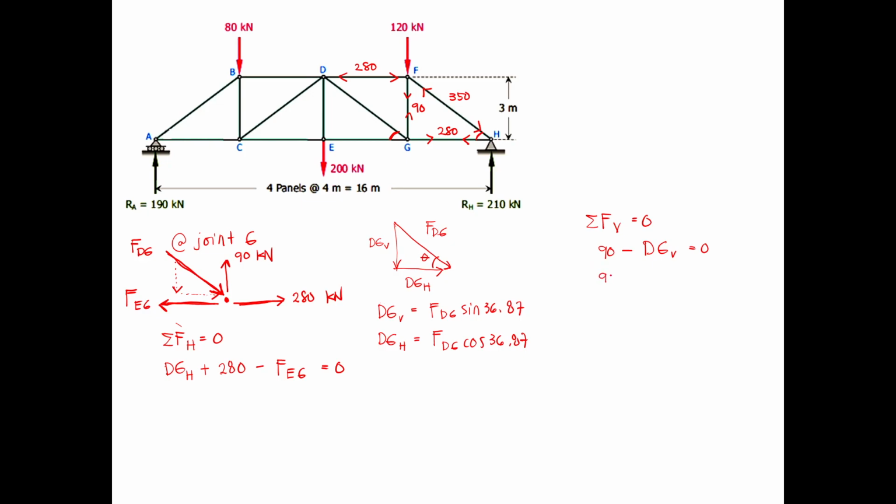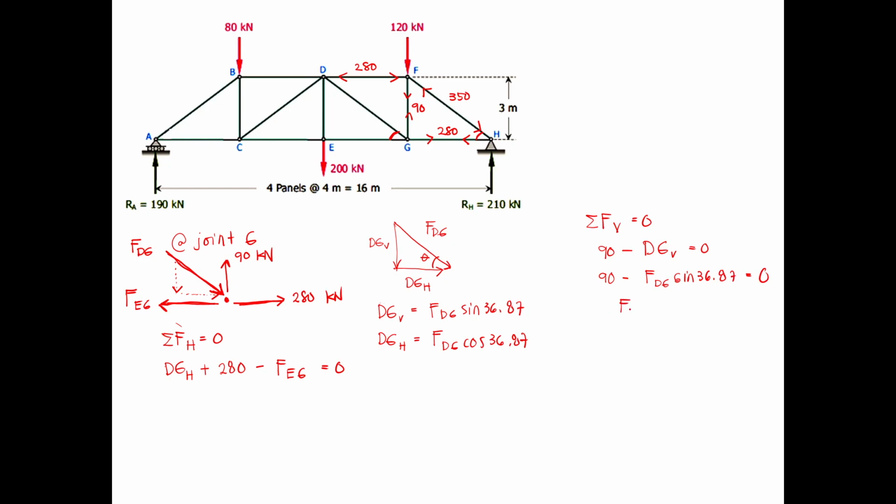So you have 90 minus FDG sine 36.87 equals 0.